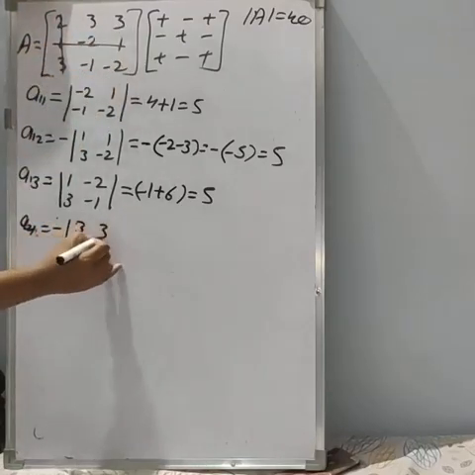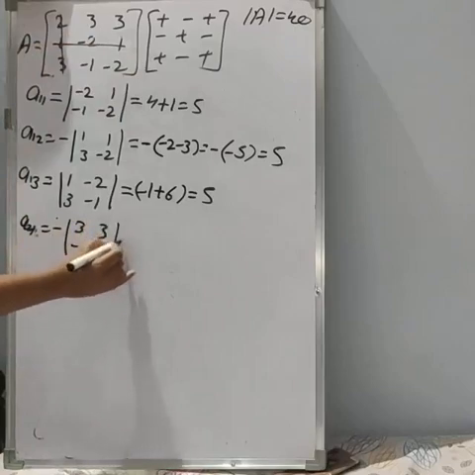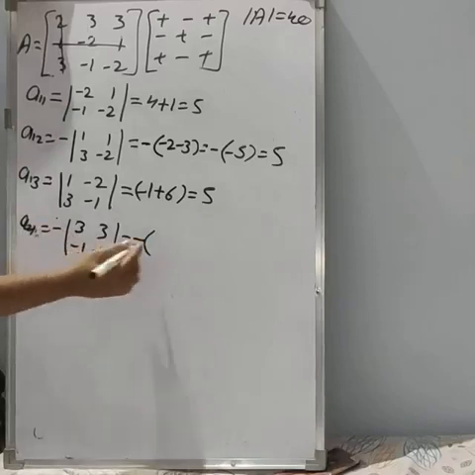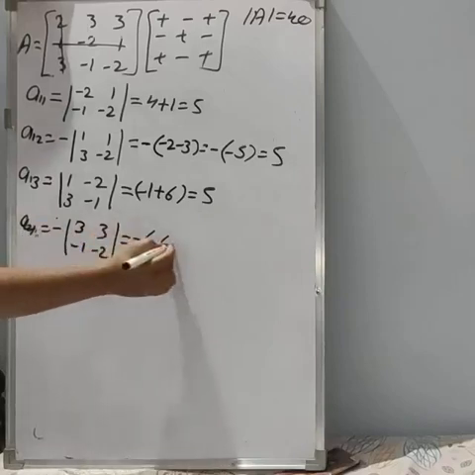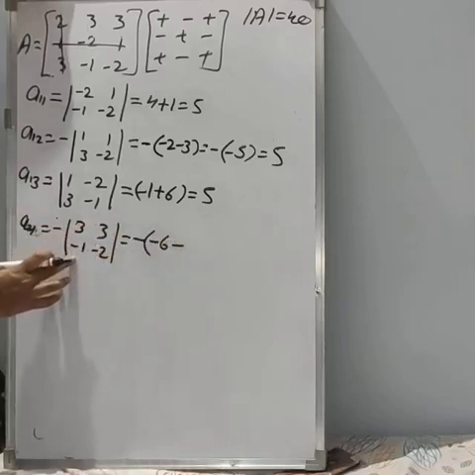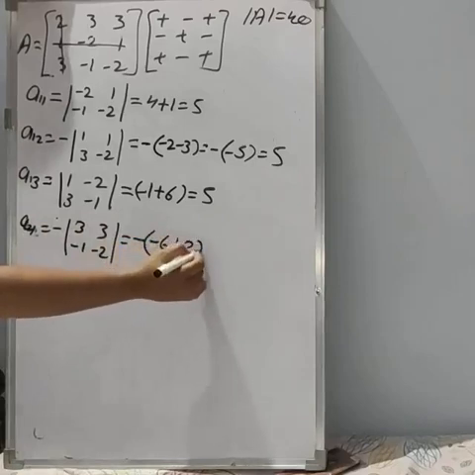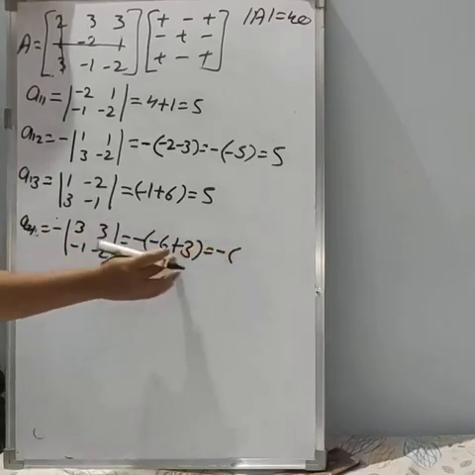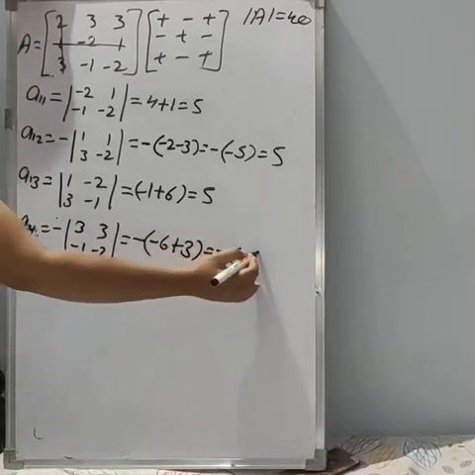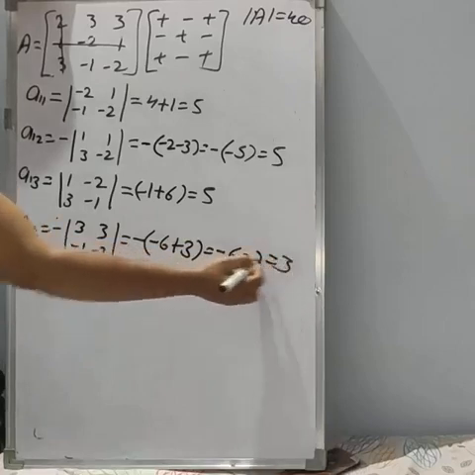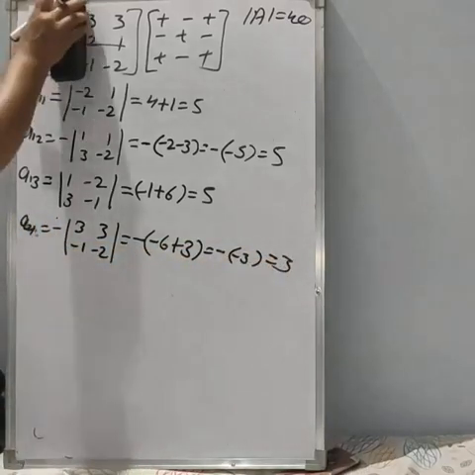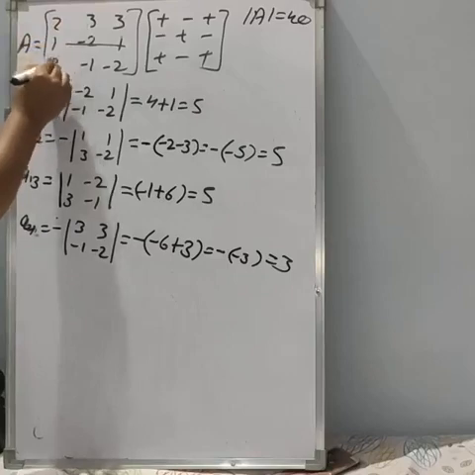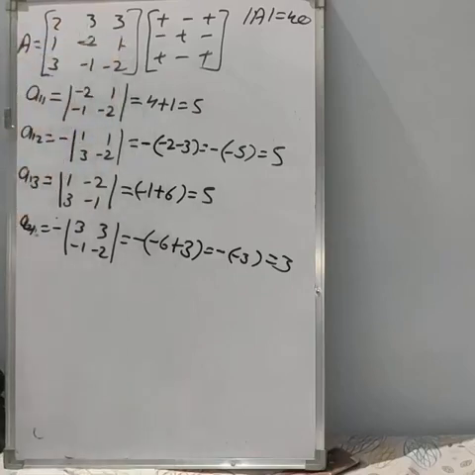So first write down this minus sign as it is. 3 into minus 2 is minus 6. Minus 3 into minus 1 is minus 3, but minus into minus is plus 3. So minus 6 plus 3 is minus 3. But this minus into this minus becomes plus 3. Okay, so we have 2, 1, 3 and 1, minus 2, 1.